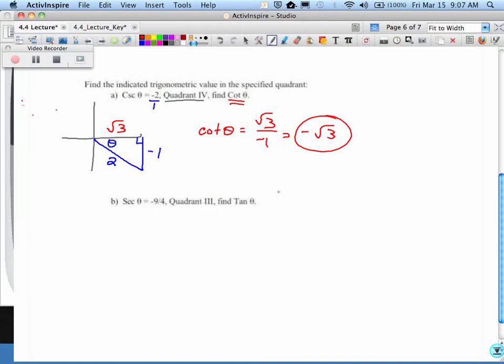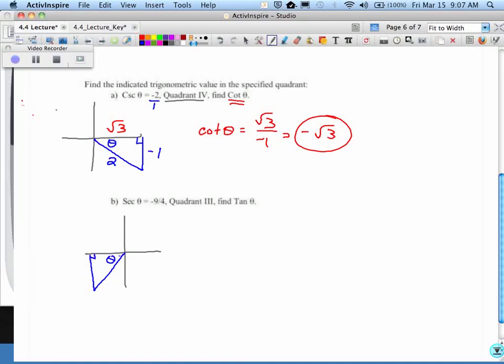Quadrant 3. It's really nice when they tell you which quadrant to draw it in, but usually we ask, where is secant negative? Secant goes with cosine, and cosine is positive in 1 and 4, so secant is negative in 2 and 3. Secant goes with cosine. Cosine is adjacent over hypotenuse, so this is hypotenuse over adjacent.